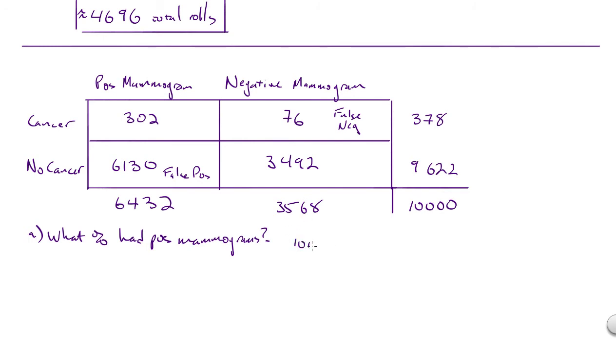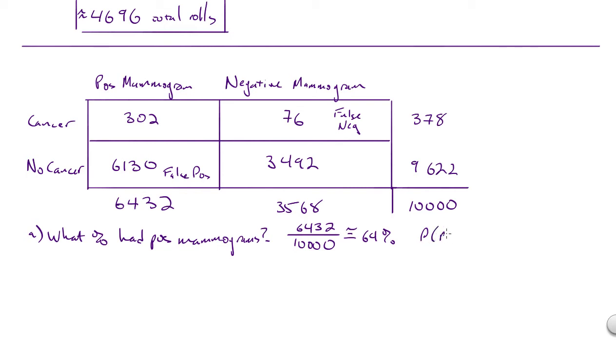So you put the total on the bottom, and up top you put the number that had positive results. And you can calculate that percentage. Should be about 64%, as you'd expect. 64.32%.